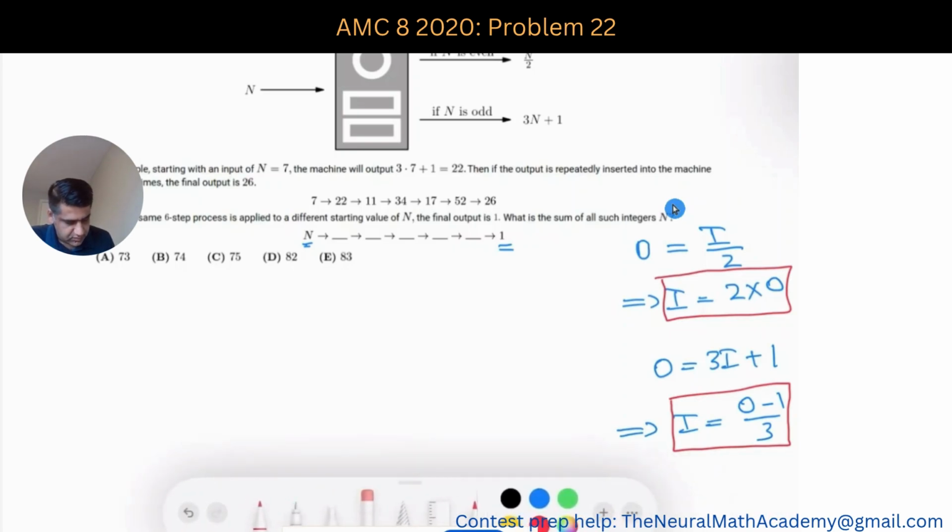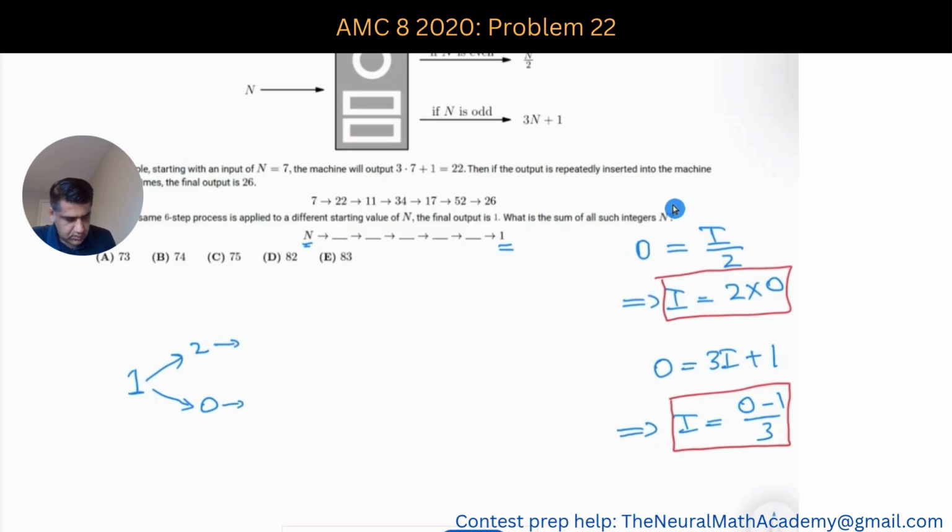The 1 is the last value or the final answer. So if I apply both to 1, I will get 2 or I get 0. So now if I apply in the next step again both functions, I get 4, and I also get 1 over 3.